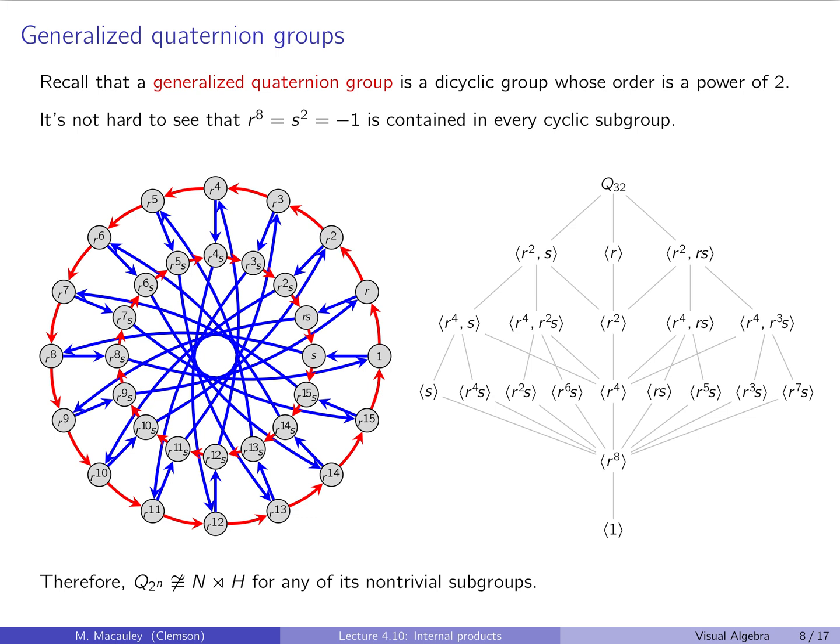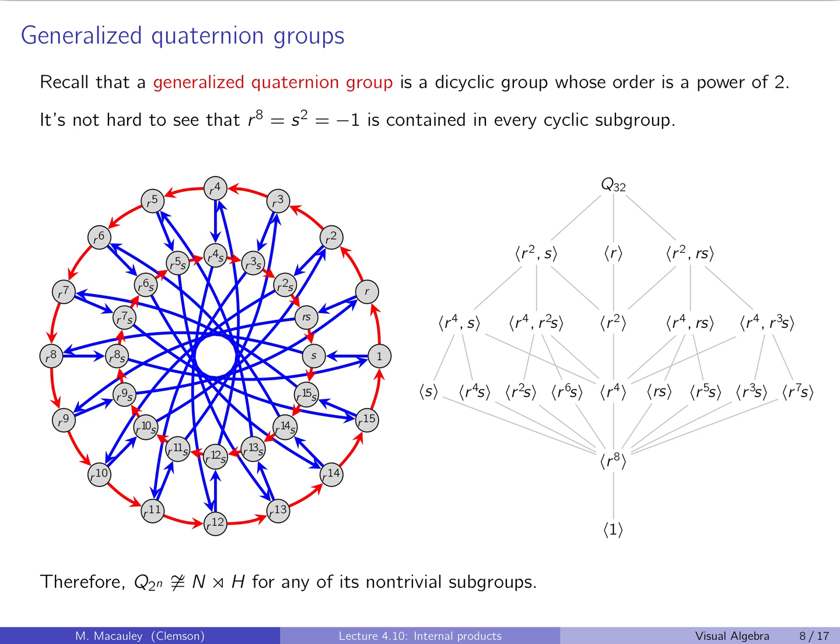We saw the generalized quaternion group Q16 earlier, and here is Q32. Recall that a generalized quaternion group is just a dicyclic group whose order is a power of 2, and these have properties that other dicyclic groups do not.